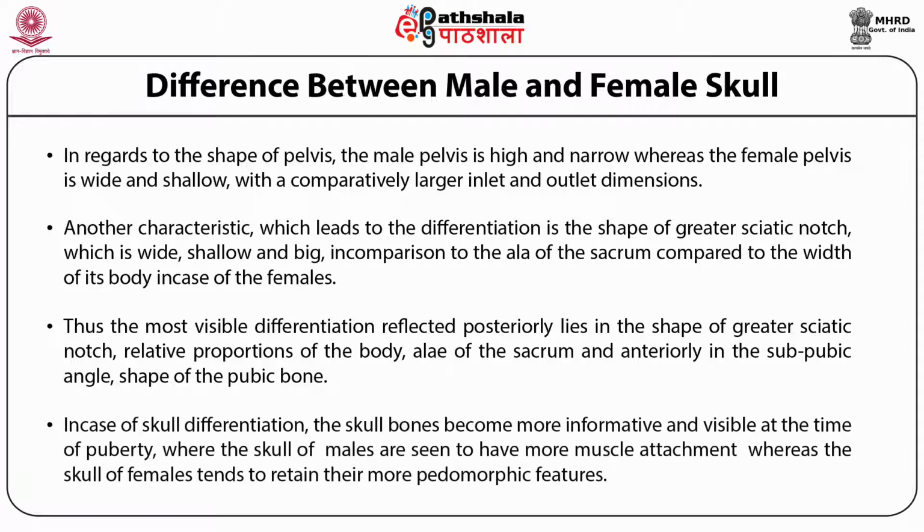In case of skull differentiation, the skull bones become more informative and visible at the time of puberty, where the skulls of males are seen to have more muscle attachment, whereas the skulls of females tend to retain their more pedomorphic features.